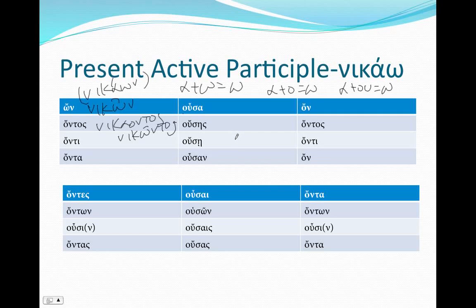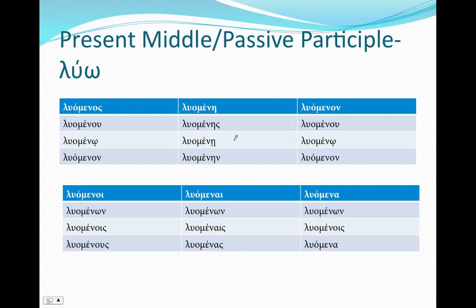Now let's move on to the present middle passives. And these are very easy. Your basic rule is going to be your stem plus omicron plus men plus first, second declension adjective endings. So let's see if this fits. Stem, lu, omicron, men, first, second declension endings. These are masculine.